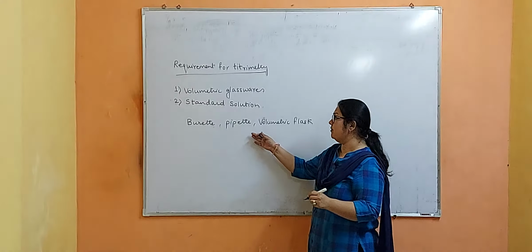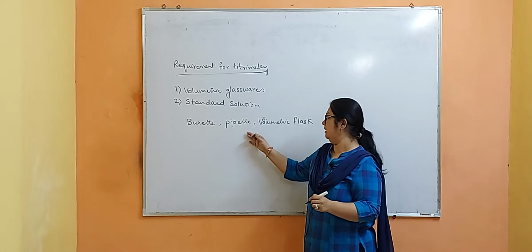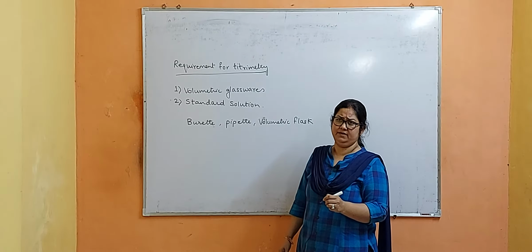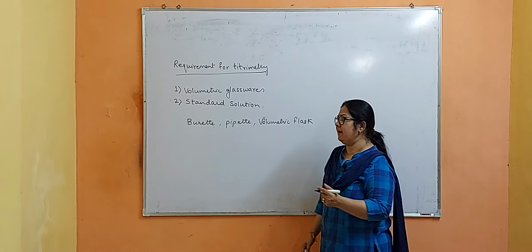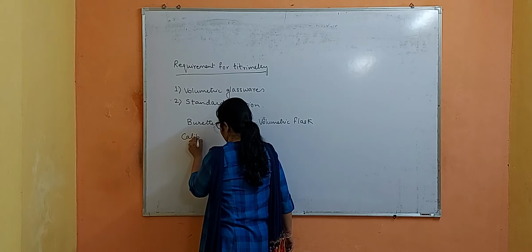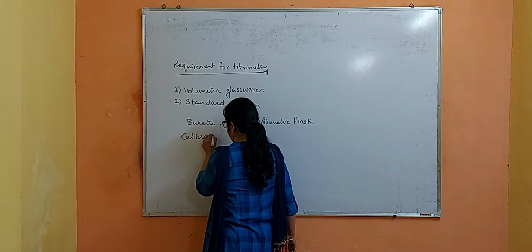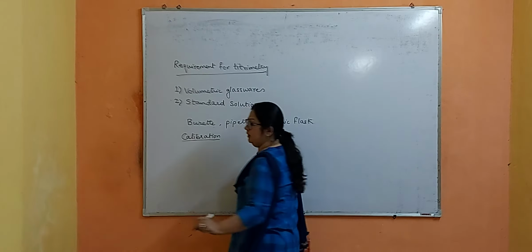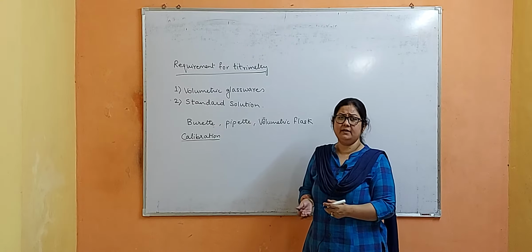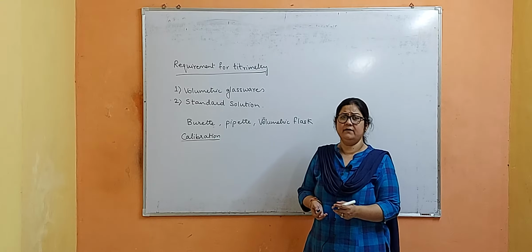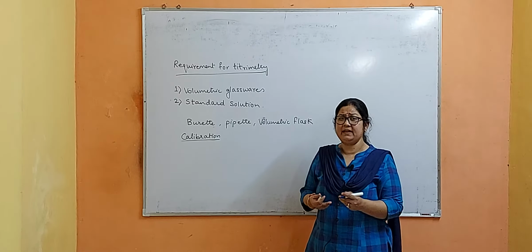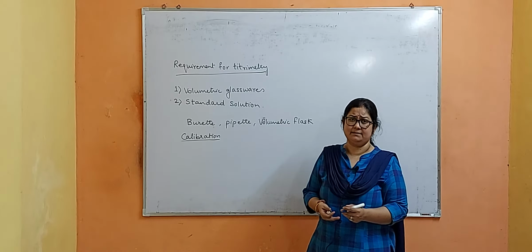Now see, before using this apparatus or glassware, they need to be calibrated. Now what do you mean by calibration? Actually, the calibration process involves actual measurement of the volume of liquid which is delivered against the volume expected to be delivered by the system.